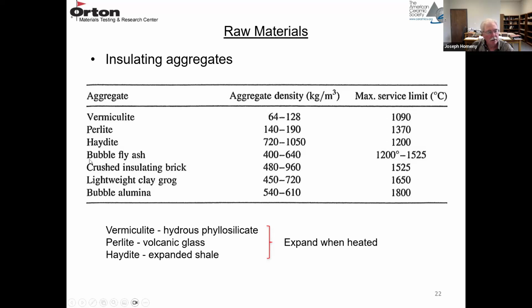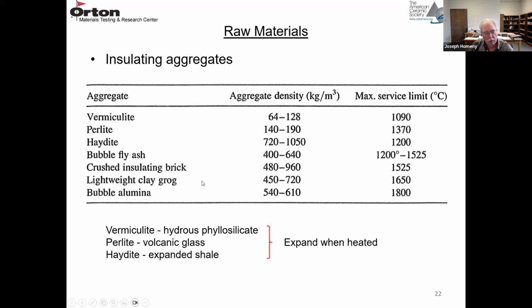Fly ash can be made in a bubble form, so it's a hollow sphere, depending on the chemistry, maybe 1200 to 1525 degrees C. You can crush insulating fire bricks, and depending on the chemistry of those bricks, that determines the use temperature.